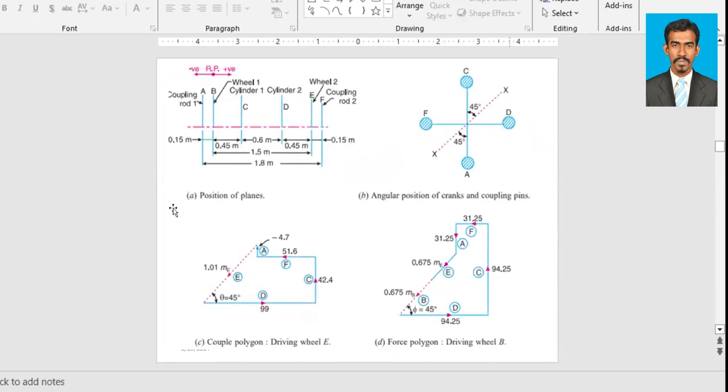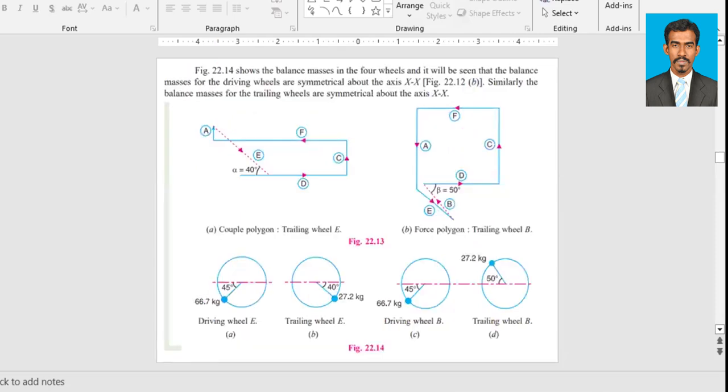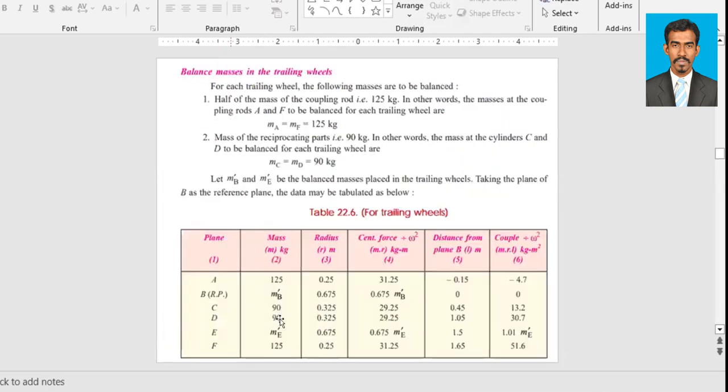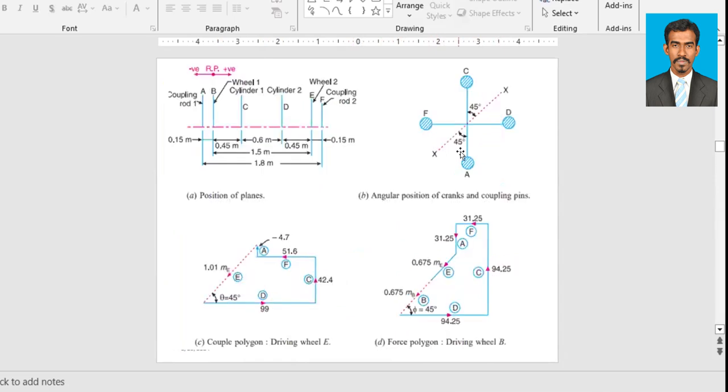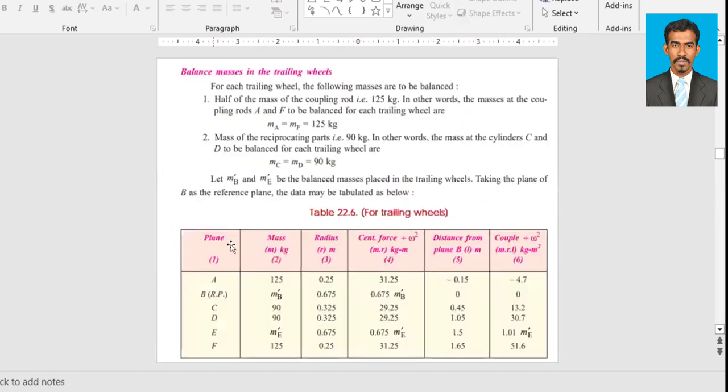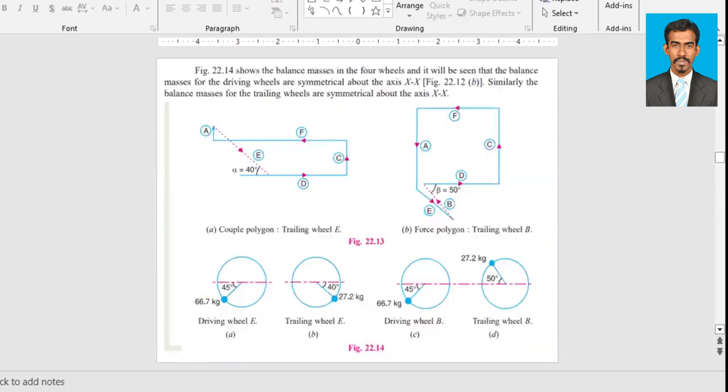First D. The D value for the fourth polygon is 29.25, so from O to D that is 29.25 units. Then from D, the next one is C. The force value for C is again 29.25, so from here to here that's again 29.25 units.